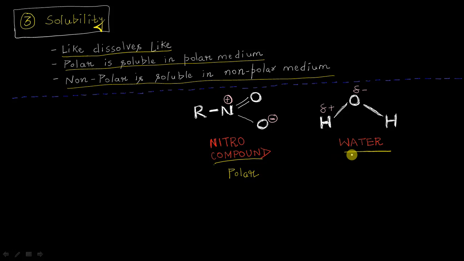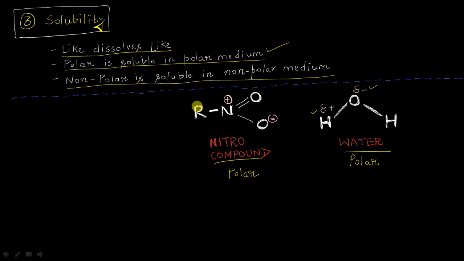In the same way, although not having a full positive and a negative charge, the water molecule is having a partial negative charge on the oxygen atom and a partial positive charge on the hydrogen atom, but still the molecule of water is also polar in nature. So it seems that the nitro compounds being polar will be easily soluble in water because that is also polar in nature.